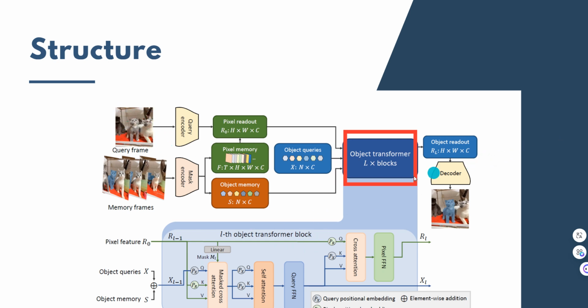Okay, and the next part is the object transformer, which is the most important structure that the paper mentioned.